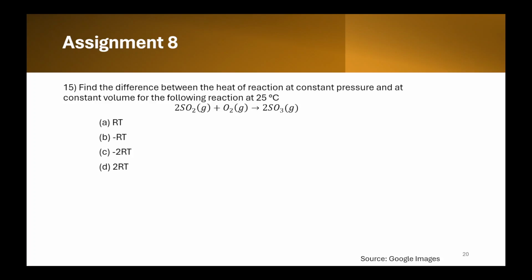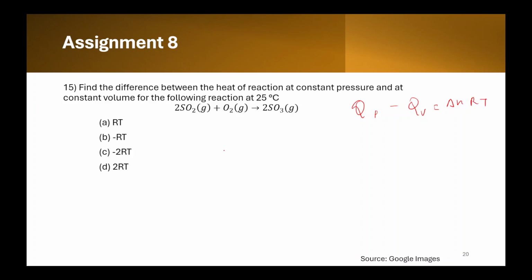Next question. Find the difference between the heat of reaction at constant pressure and at constant volume for the following reaction at 25 degrees Celsius. So the options are given in the RT form. So we know heat of reaction at constant pressure and constant volume, that will be delta n RT.